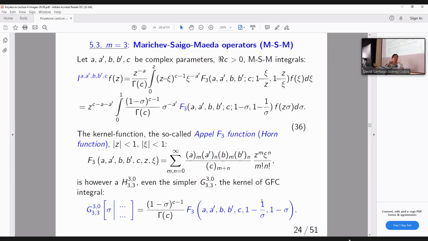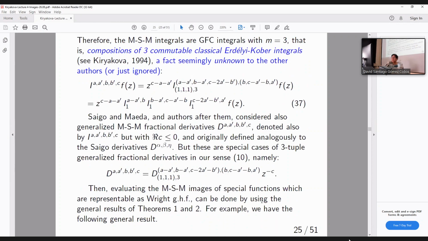But if you open the book by Prudnikov, Brychkov, Marichev, the third volume, you find that this F3 function is just a simple case of the Meijer G function with orders 3, 0, 3, 3. Remember that our kernels were in the general case G m 0 m m. So in this case m is equal to 3. So Marichev-Saigo-Maeda operators are just a case of the generalized fractional integrals and derivatives, and they are compositions of three classical Erdélyi-Kober operators.